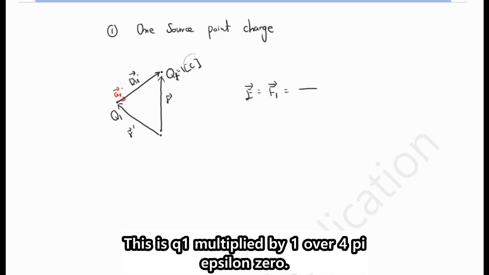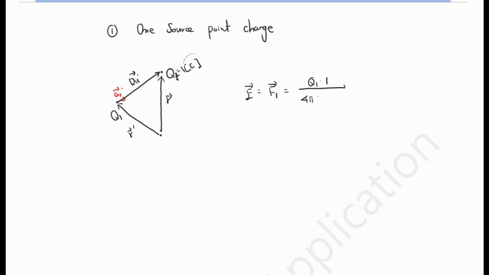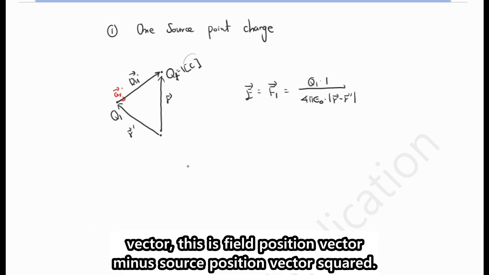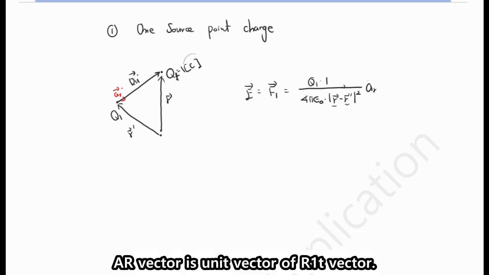This is Q1 multiply 1 over 4 pi epsilon 0, if this medium is free space, and magnitude of r vector minus r prime vector squared. This is the field position vector minus the source position vector, squared, times AR vector. AR vector is the unit vector of R1t vector.